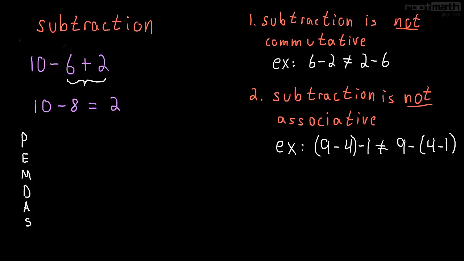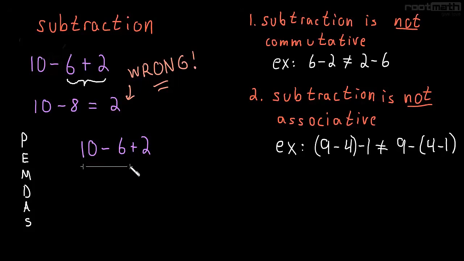But that's wrong. That is the wrong answer. What we forgot is that what the order of operations really says is that when you have only subtraction and addition left, do everything from left to right. So this is really 10 minus 6, which is 4, plus 2, which is equal to 6.